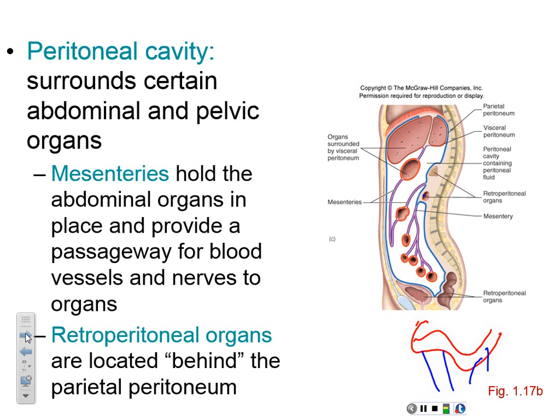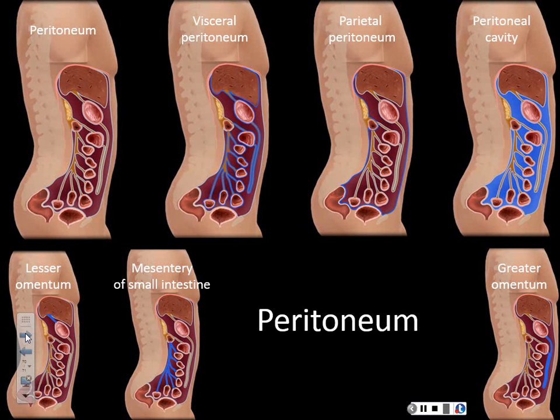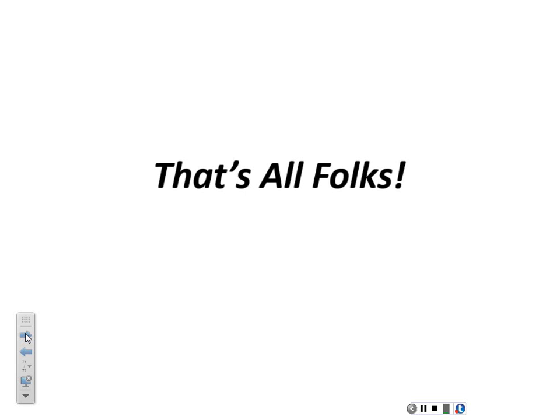So just know these terms about the body cavities and some of the special tissues in those body cavities and their purpose, like in the peritoneal cavity, and then, of course, the retroperitoneal organs that are behind the peritoneum. And again, this is just a picture showing you the different organs in the abdominopelvic region. And that's it.